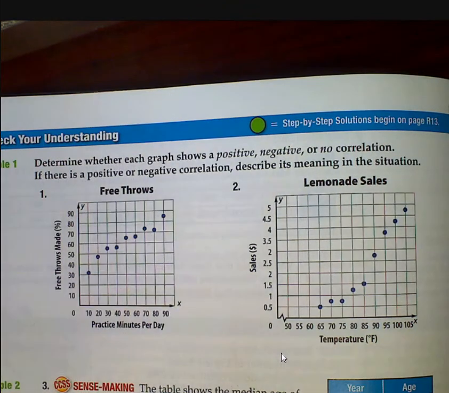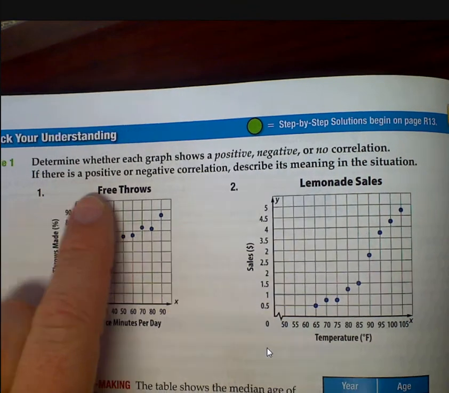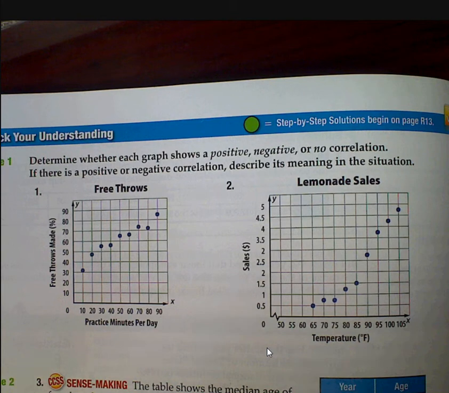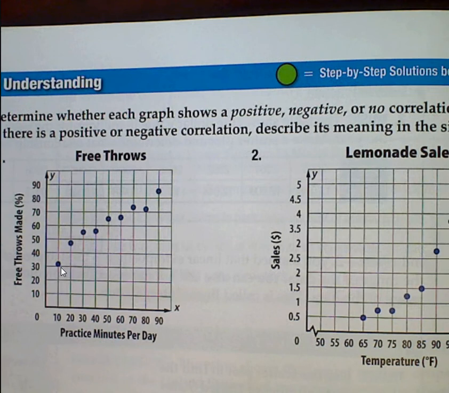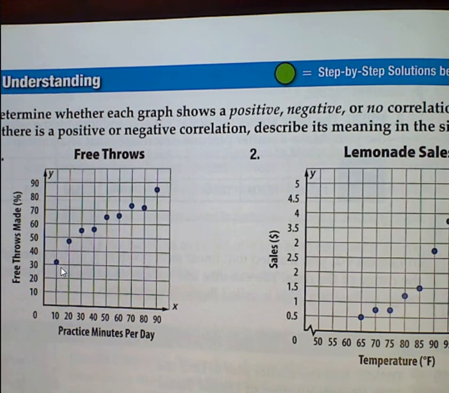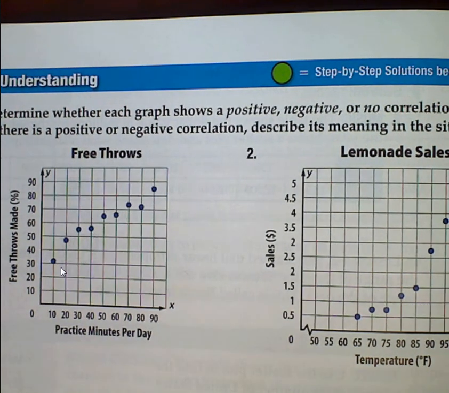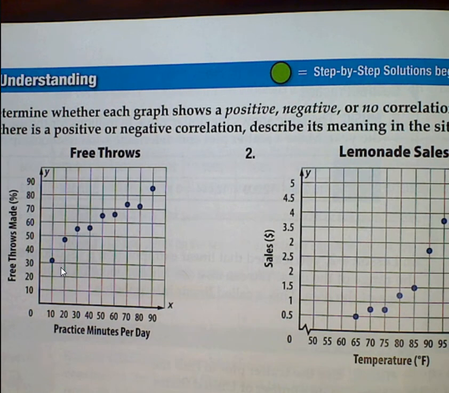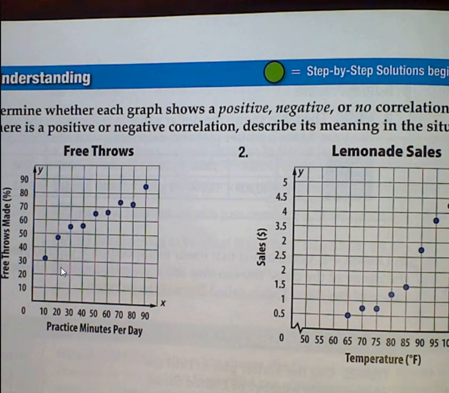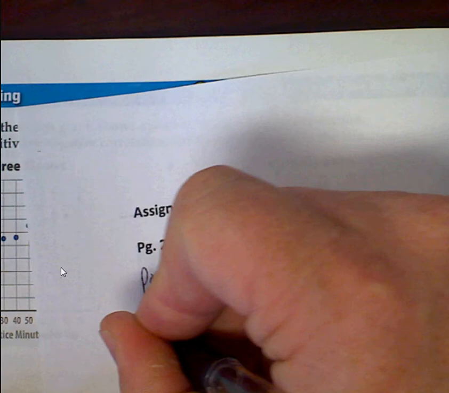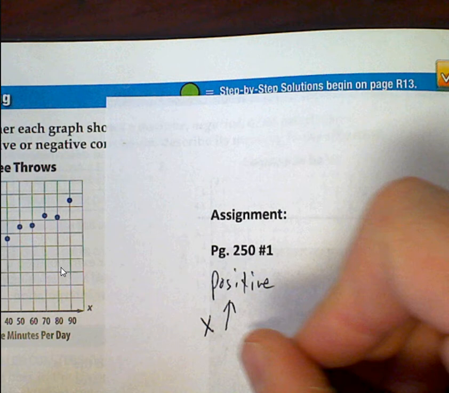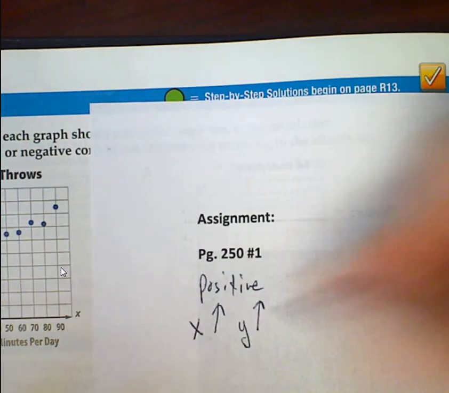Okay. Number 1 and number 2 say to determine whether each graph shows a positive, negative, or no correlation. On number 1, this would be a positive correlation, so we would write positive. Then it says if there is a positive or negative correlation, describe its meaning in the situation. My x is increasing and my y values are increasing.